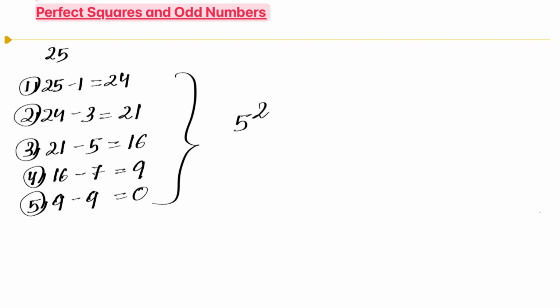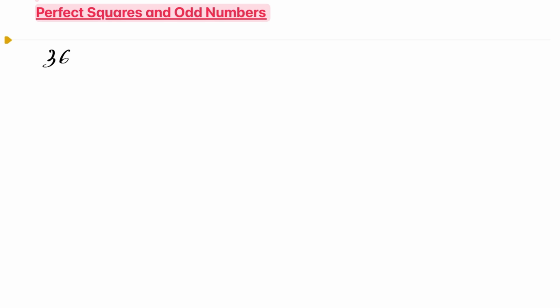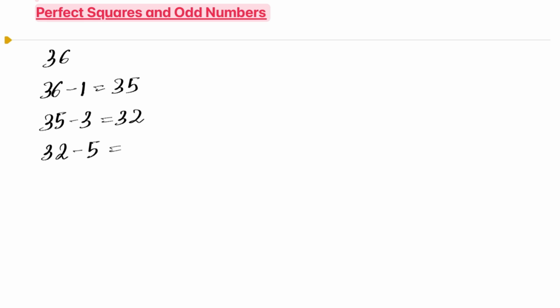Let us try with one more number. Here the number is 36. First odd number is 1. So 36 minus 1 is 35. Then next odd number is 3. So 35 minus 3, 32. Next 32 minus 5 equals 27.